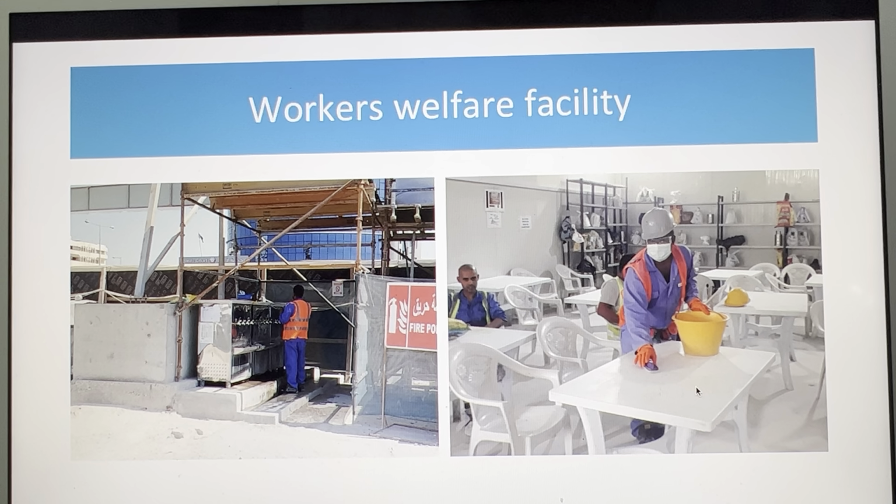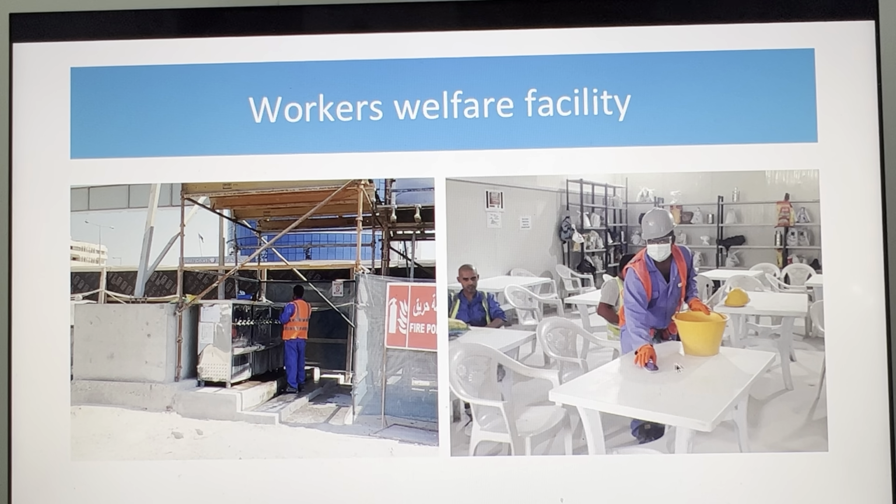Now here you will find that the table is clearly white. We make sure that the contractor complies with the cleanliness requirement. So workers were provided with Dettol or another form of disinfectant.